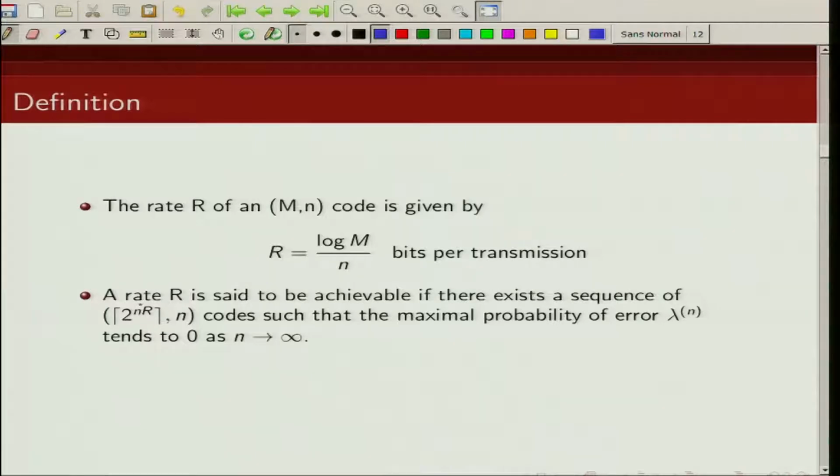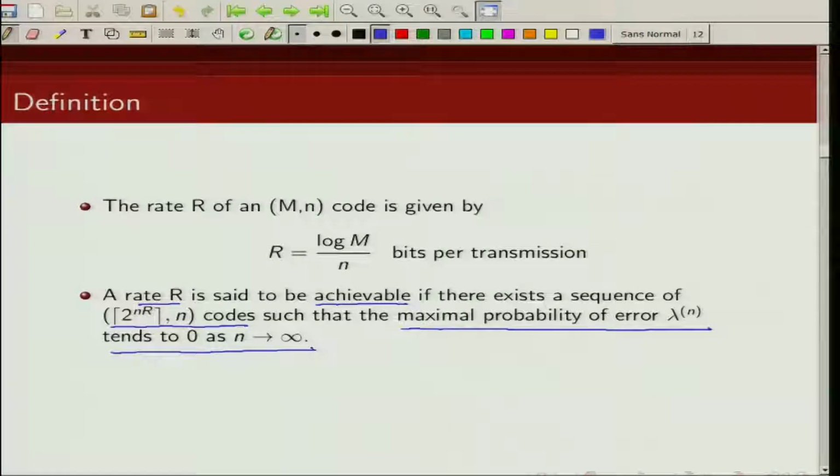Now we say a rate R is achievable if there exists a sequence of codes with parameter m given by the ceiling of 2 raised to the power nR and of length n such that the maximal probability of error goes to 0 as n goes to infinity.